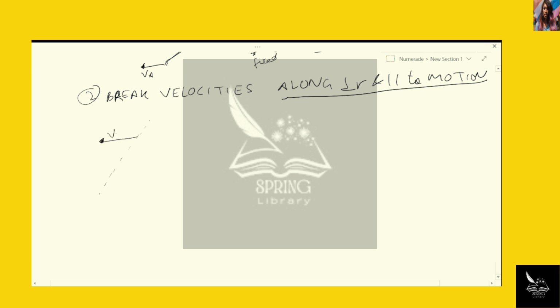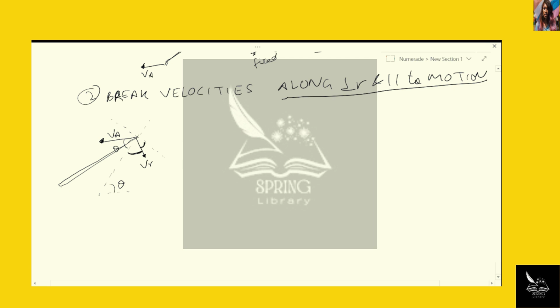And we know that VA is like this, and this theta we have calculated in the previous problem. So this angle is going to be theta. So then calculating VA components is easy. Then comes the rod. This is the rod, and VR is perpendicular to the rod. So this is VR. So now we need this angle. So this angle or this angle, any of them will work.